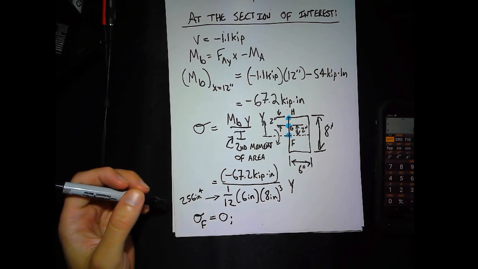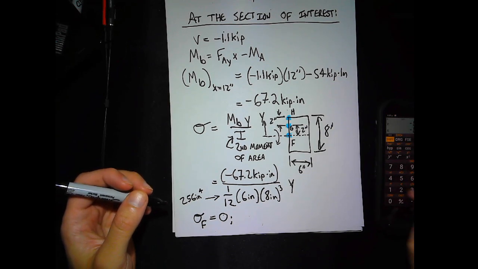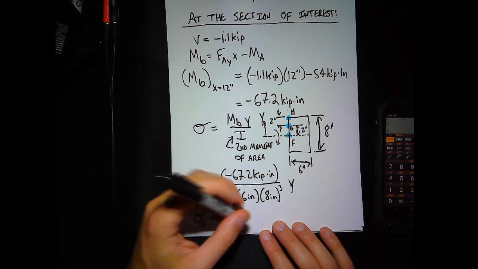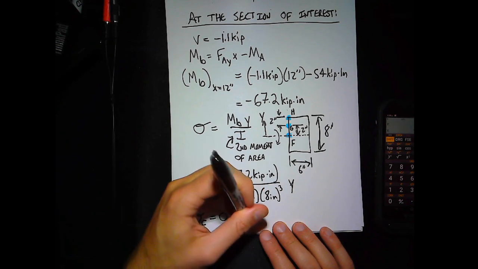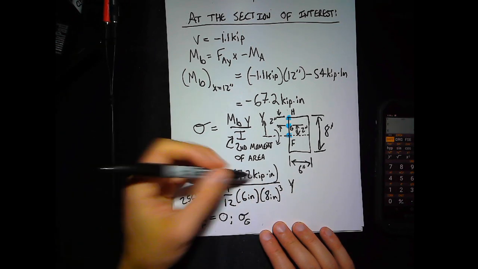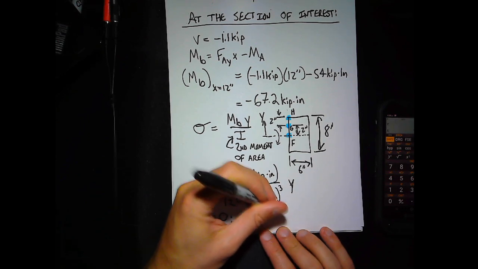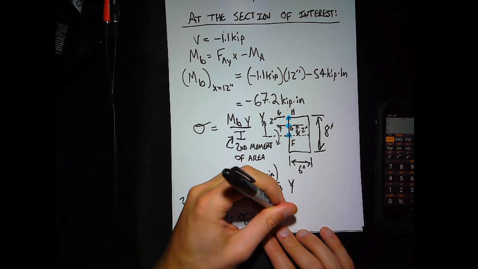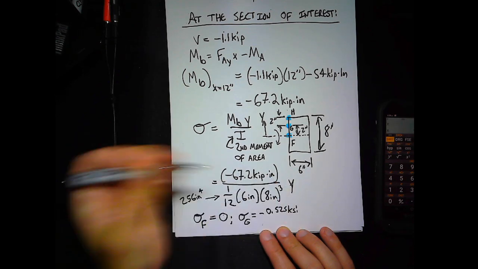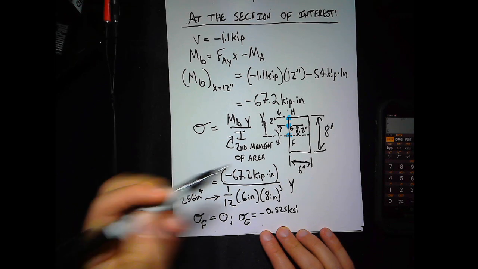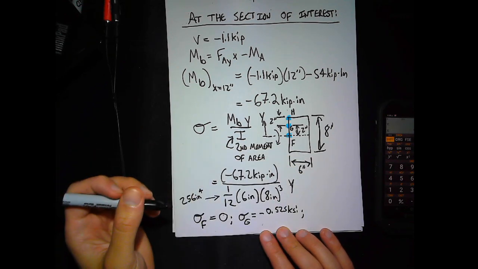Then that times y gives sigma G. Remember, we have kips up here, so this is negative 0.525 ksi, because we never dropped that 1,000, which is 1,000 pounds.